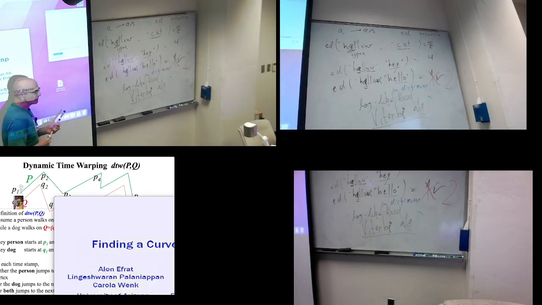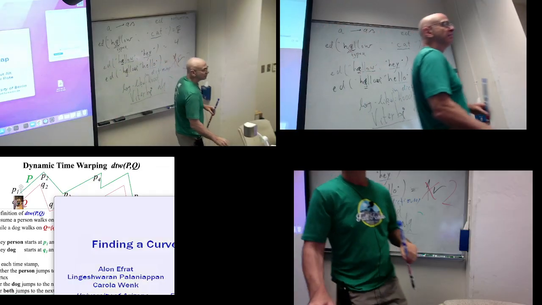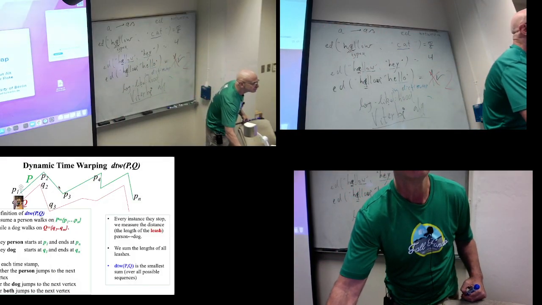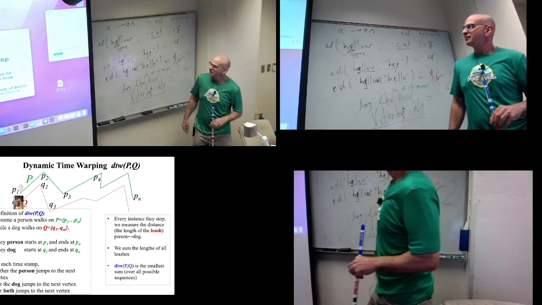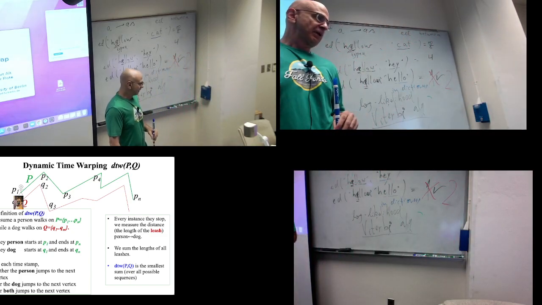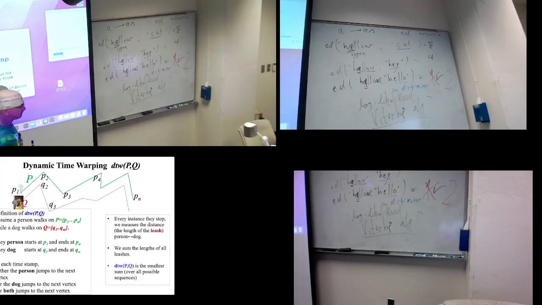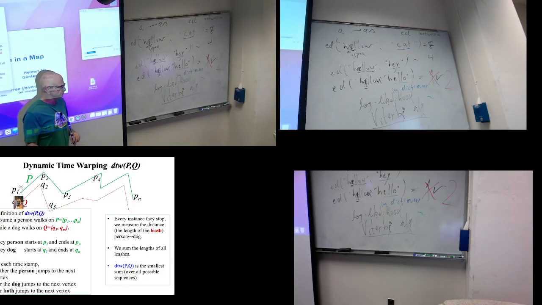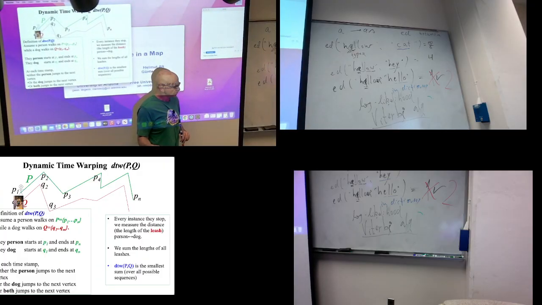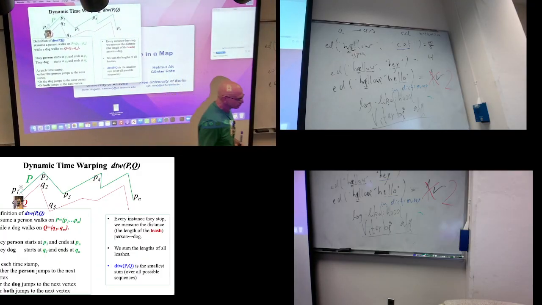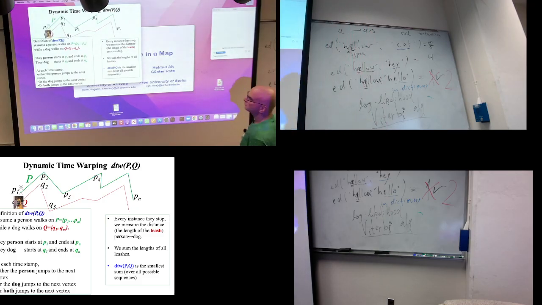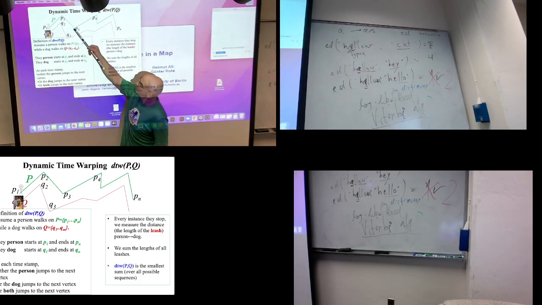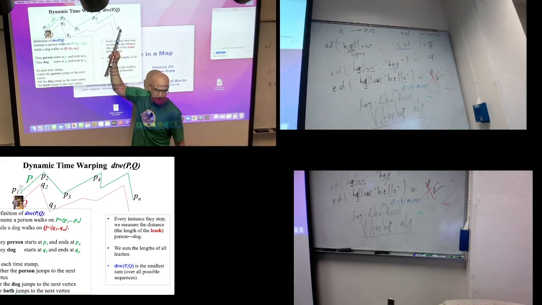Okay, yesterday we started to talk about similarities between polygonal curves. We have one polygonal path, P. Sorry, I'm only talking about polygonal paths here for a second.